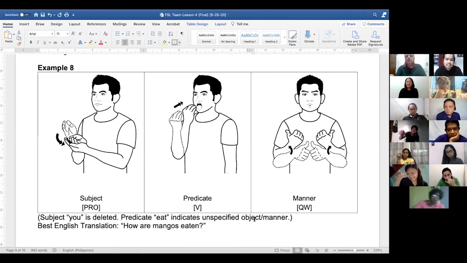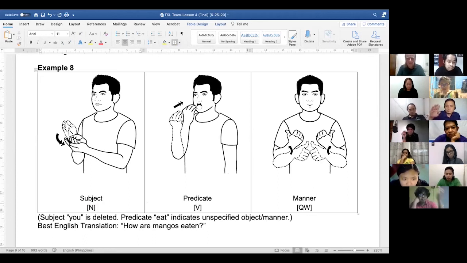Let me go check the grammar in the Ho Chi Minh City Sign Language book also. I'll be right back. Whoops, I can't exit. Okay, hold on a second. Let me see. Number 4.